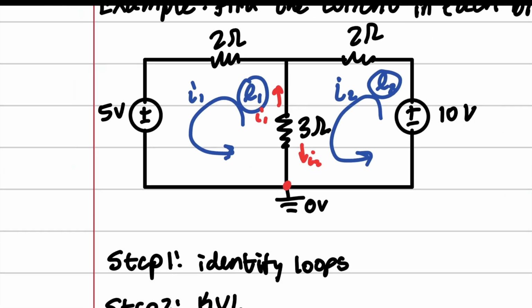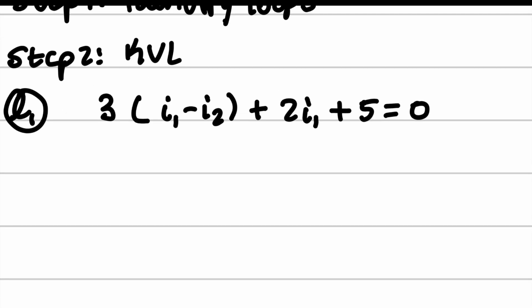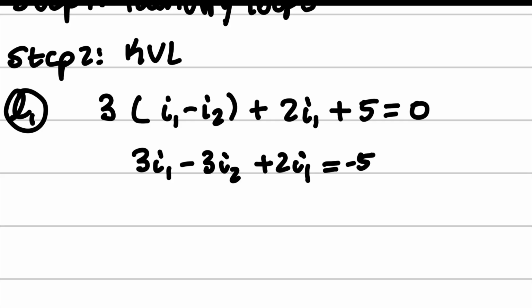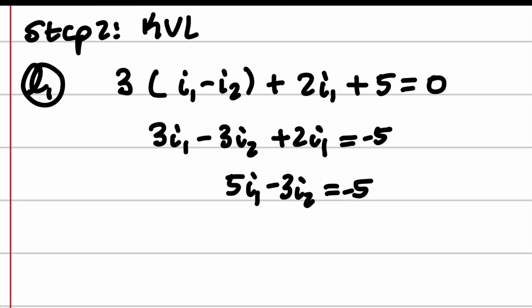So we're going to go positive 5 equals 0. Okay. And so if we calculate this out, I'm going to distribute, and we get this equation, 5I1 minus 3I2 equals negative 5.